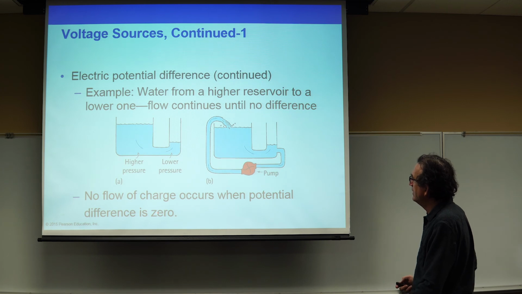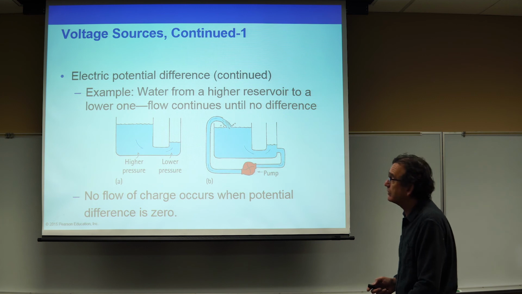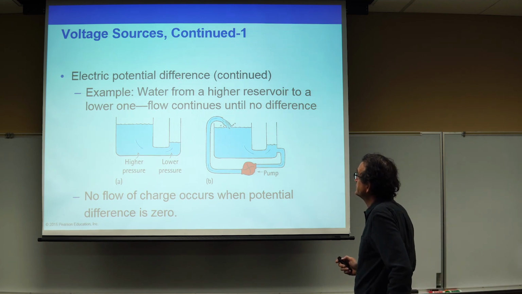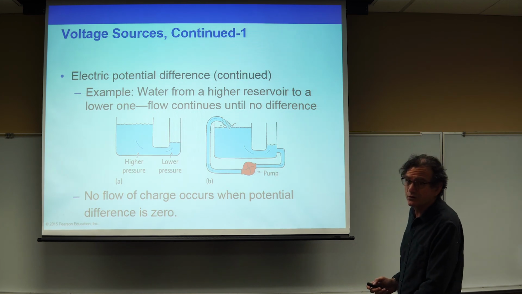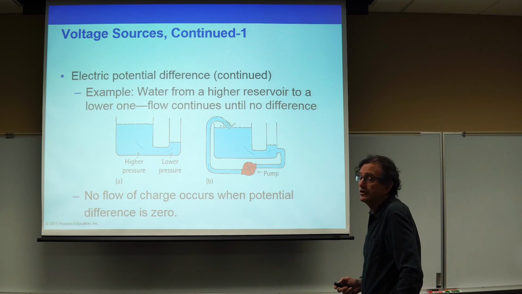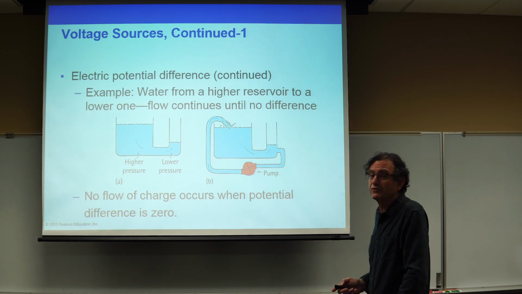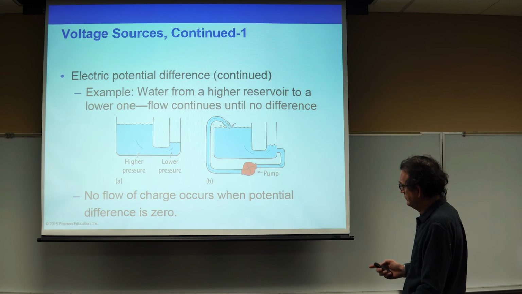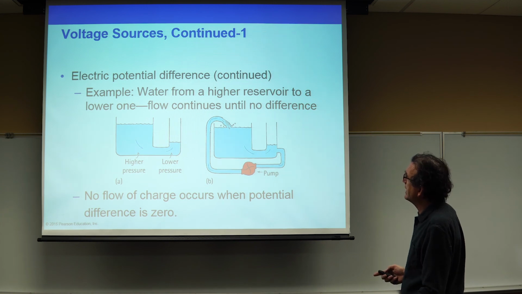And at that point, we say that the potential difference between the left side and the right side is zero. Just as the electric potential difference, if it ever drops to zero between 2 points, the current in the wire will also drop to zero. So voltage and current are very related, and we'll see by a very important law how that occurs.